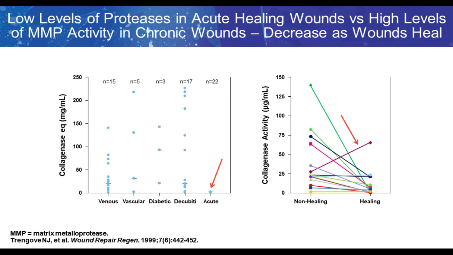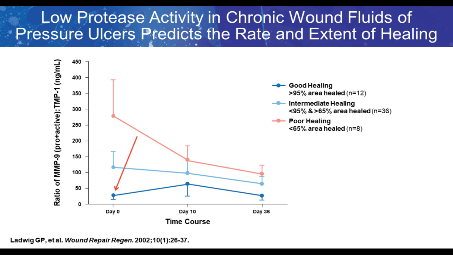And in the right-hand panel, it's only when those patients' protease levels begin to decrease in each patient by good wound care that the wounds begin to heal. So this shows a very tight correlation between the level of proteases and the ability to heal the wound.